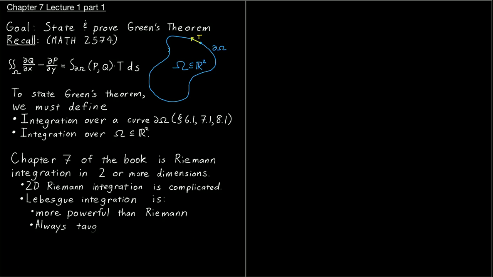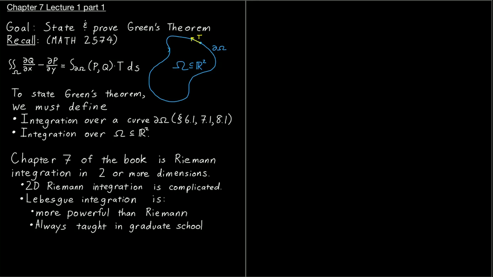So if we skipped 2-dimensional integration, those of you who go on in mathematics will see 2-dimensional Lebesgue integration, which is better than 2-dimensional Riemann integration anyway at some point. So I don't feel like you're losing anything by not doing chapter 7, not doing 2-dimensional Riemann integration.